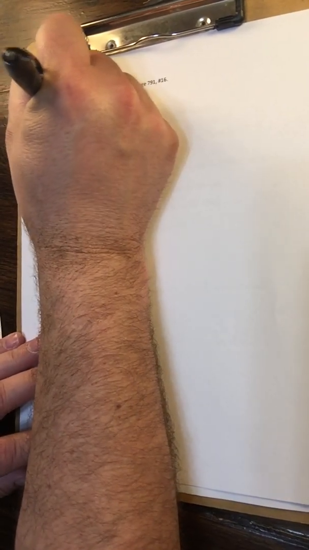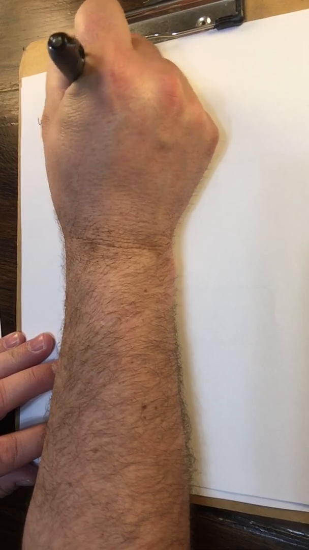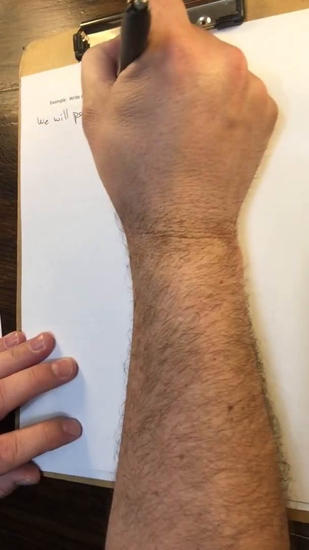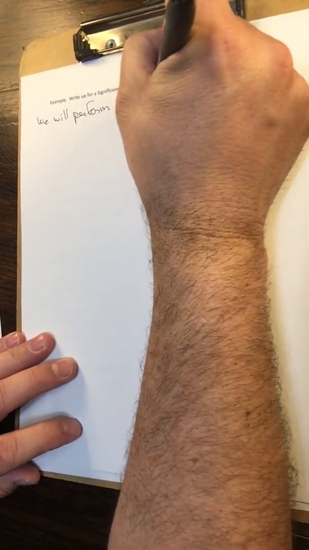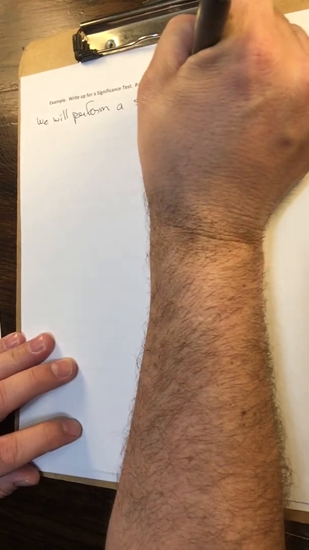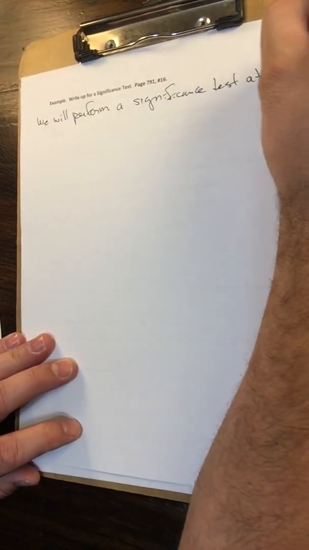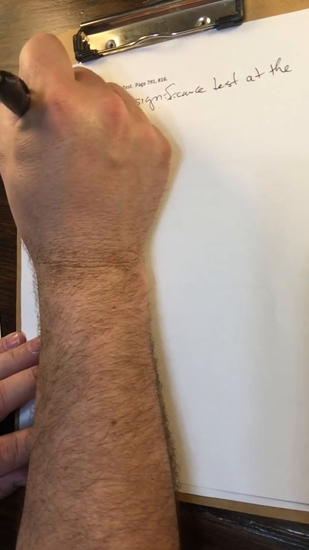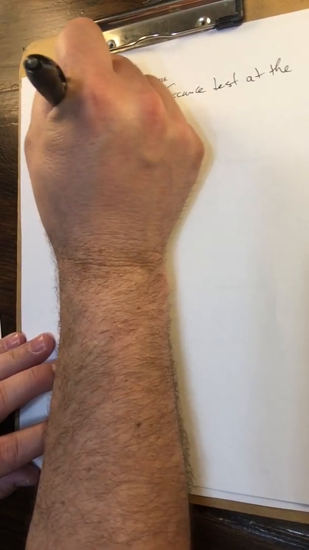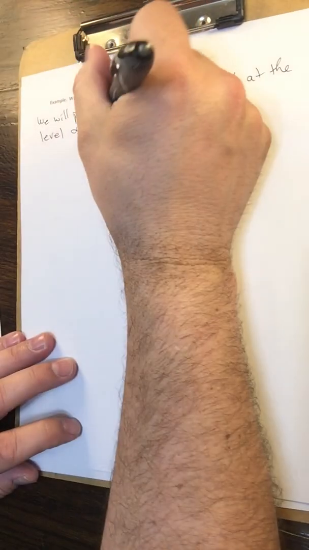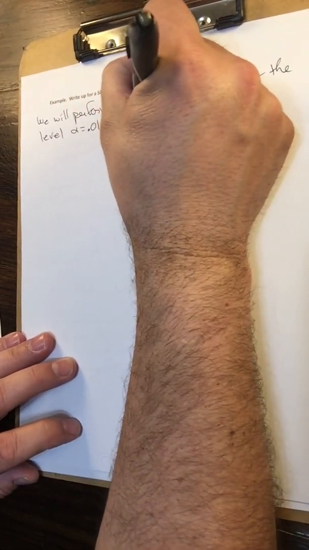Okay, here we go. Let me find my answers. We will perform a significance test at the 0.01 level. It does say in here somewhere, if you look for it, it changed the significance level from 0.05, on the following hypotheses.